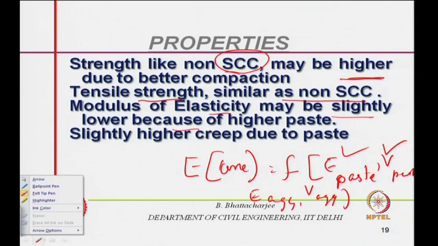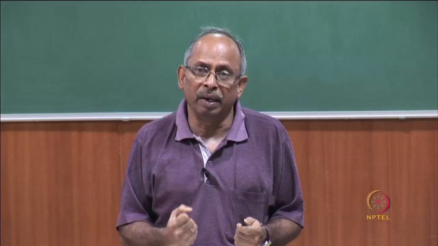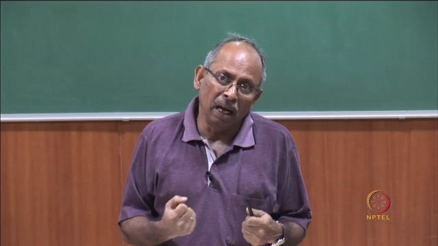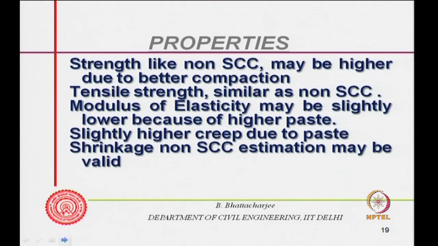Might have slightly higher creep due to paste, because paste is responsible for creep, shrinkage, etc. So, could be slightly higher because of the paste requirement. Shrinkage may be the same kind of situation. Drying shrinkage, if it dries out, then drying shrinkage, chemical, autogenous and all those shrinkage, they may be similar to the non self compacting concrete.